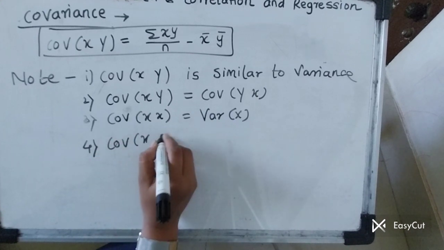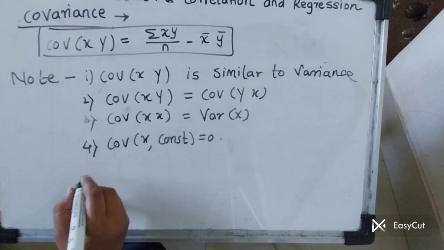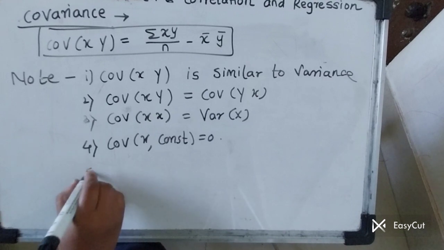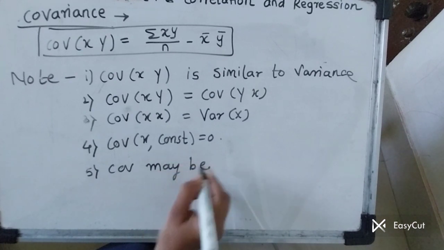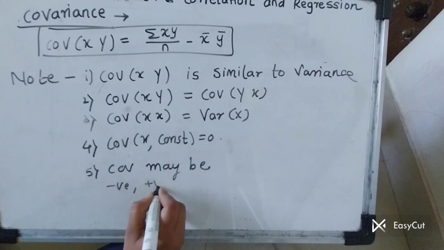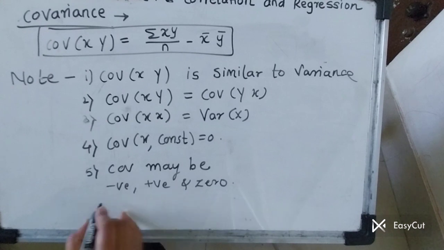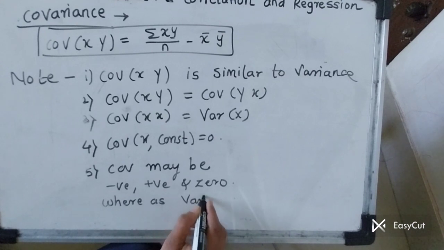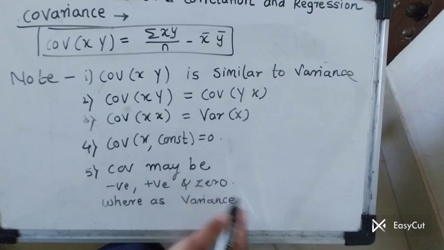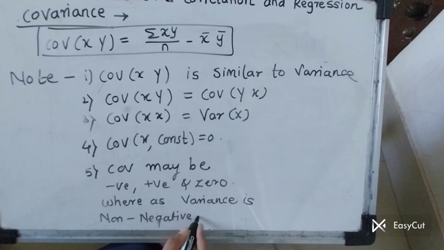Covariance of x and some constant is always equal to 0. Fifth, covariance may be negative, positive or 0, whereas variance is non-negative.